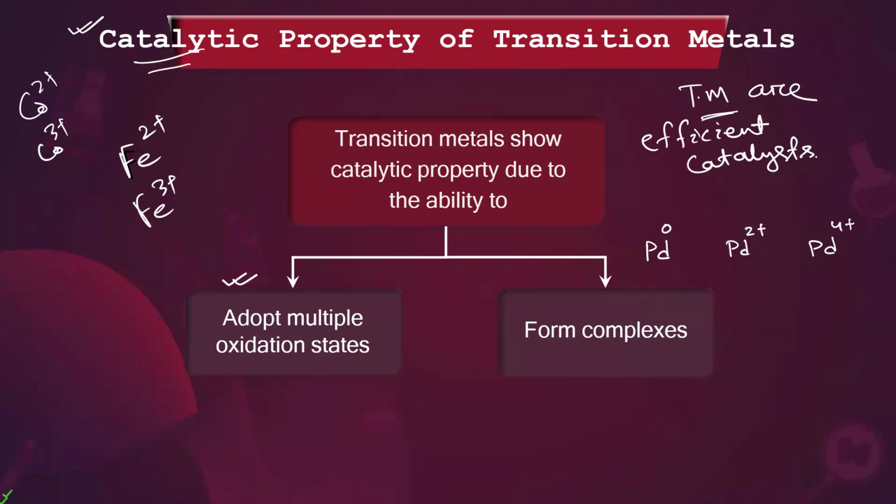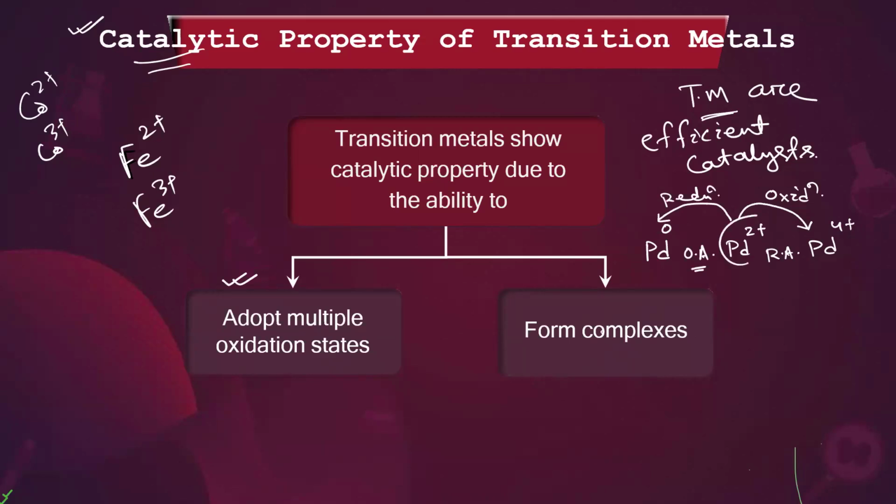If I am going from Pd2 to Pd4, that is an oxidation reaction, then it will act as a reducing agent. Okay, if I am going from Pd2 to Pd0, then I am doing a reduction reaction, then it will act as an oxidizing agent.